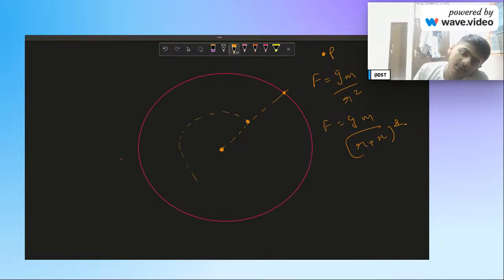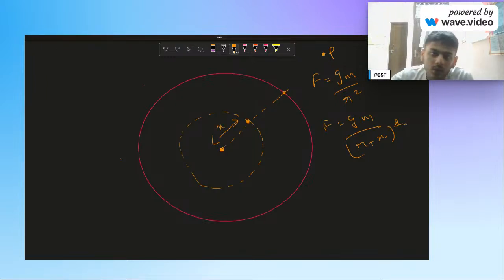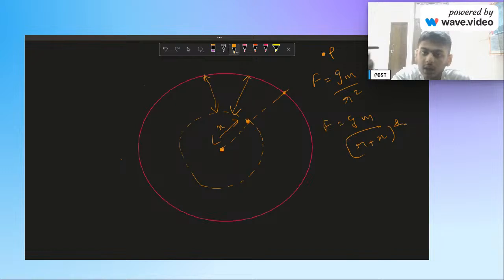But for inside, for any point P which is here, let's say at a distance x from the center. Now we know that all of this volume is nothing but the accumulation of a lot of smaller hemispherical shells, and hence the net gravitational field strength due to all of those will be zero on that surface.